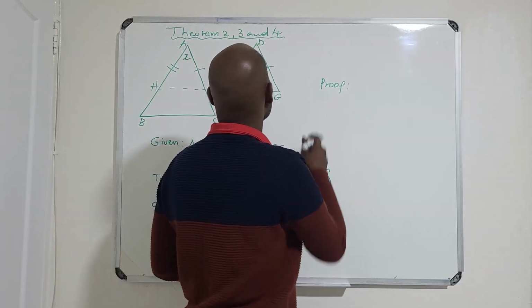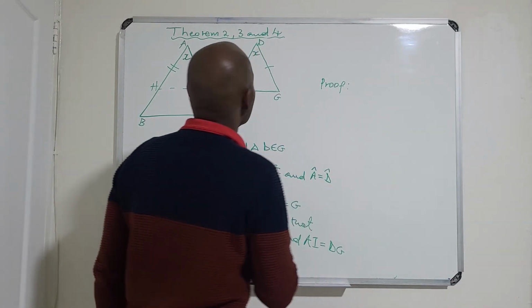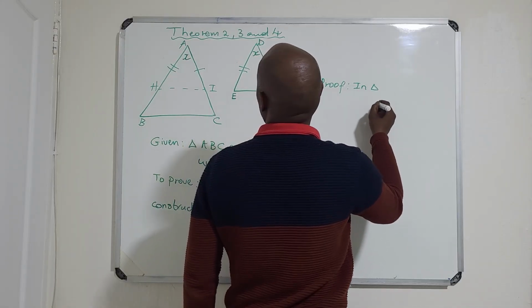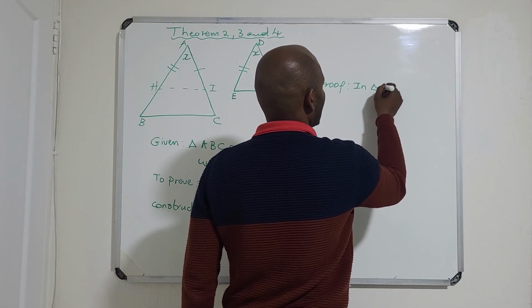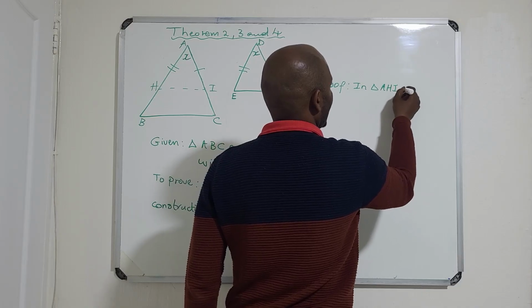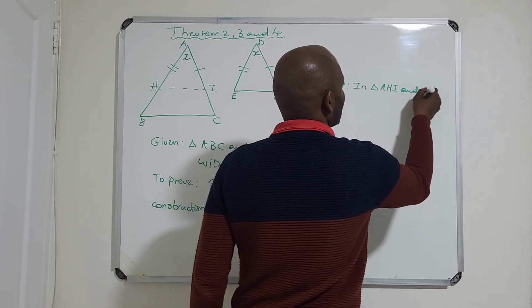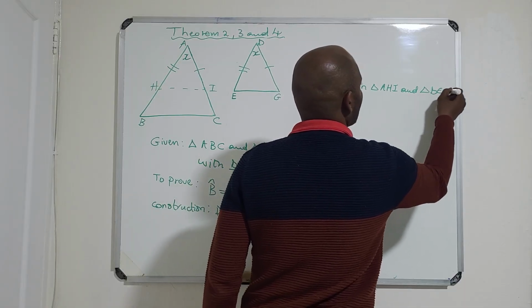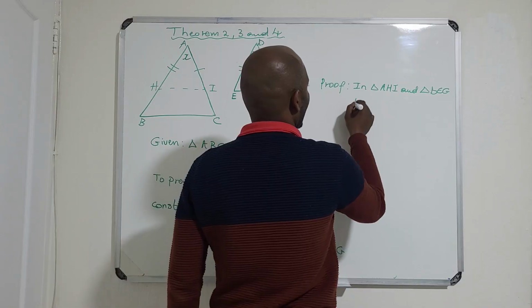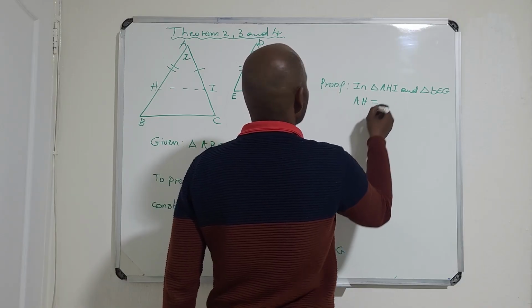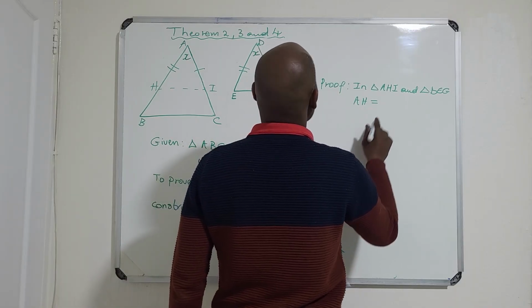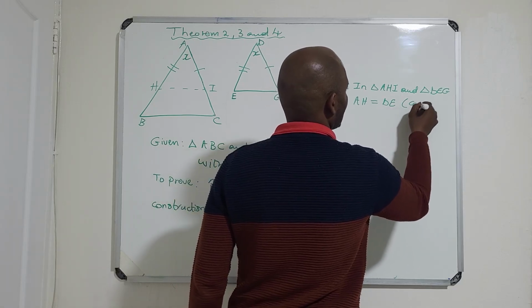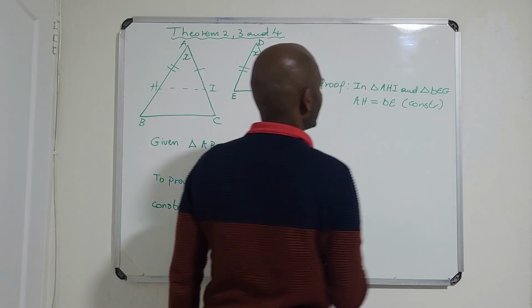Now, proof. In triangle AHI and triangle DEG, AH is equal to DE, reason: we have constructed.